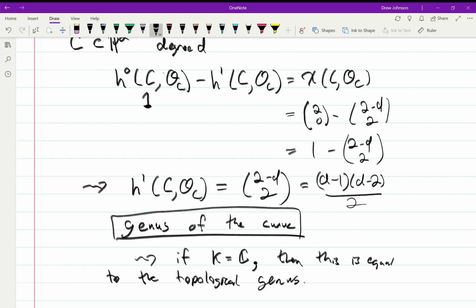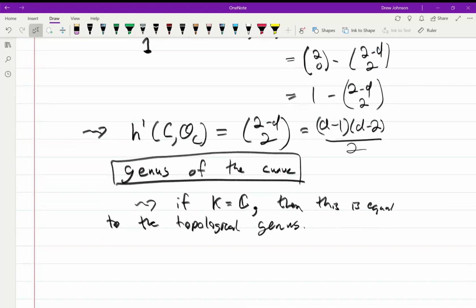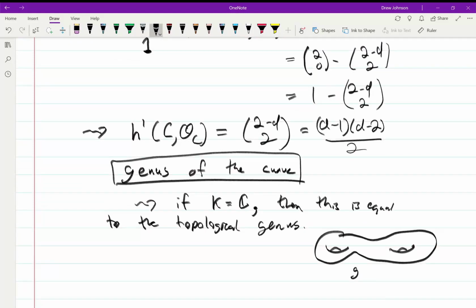All right, so remember a curve over the complex numbers actually looks like a surface. So it's sort of the number of handles in the surface. So this would be a genus 2 curve. All right, so that's a slightly deeper fact, but a good one to know.